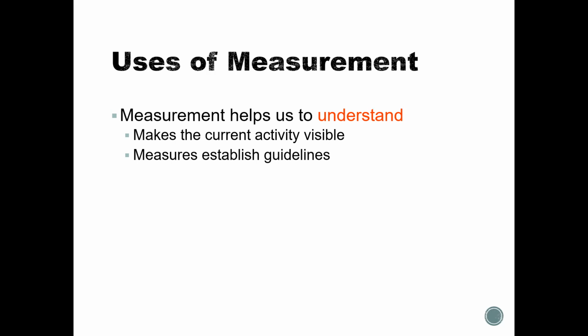For example, if there are 10 bugs a day, then we can understand the rate of bugs we are getting from a component or from a particular module, based on which you can also set certain guidelines.